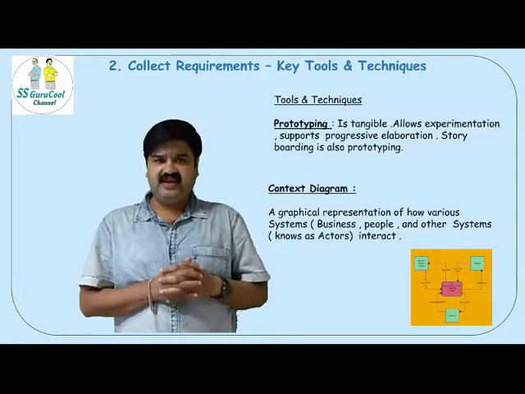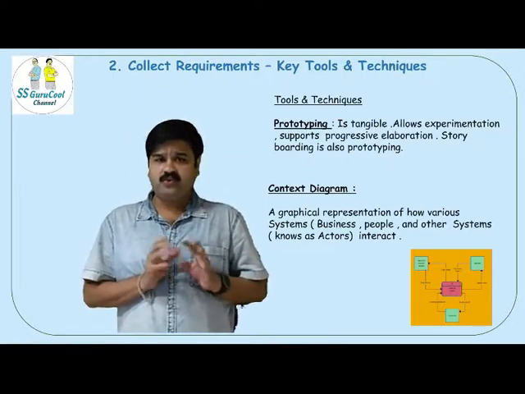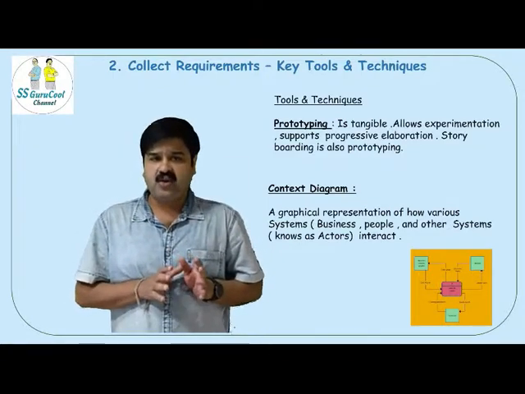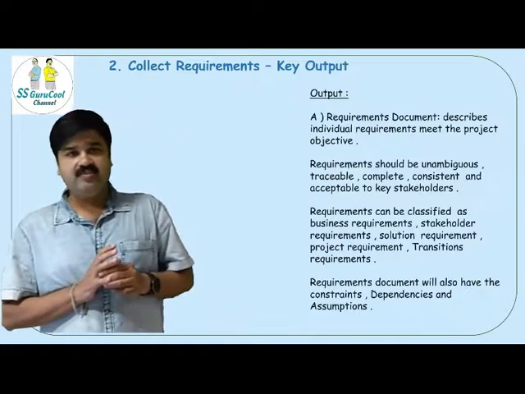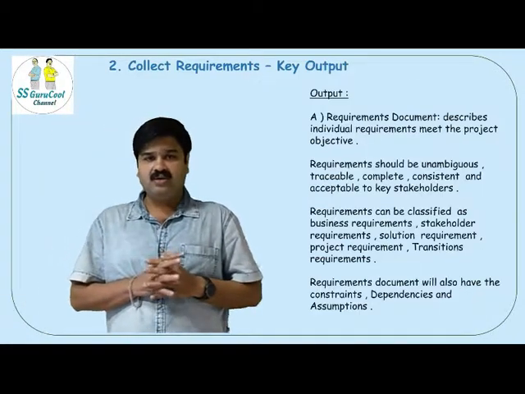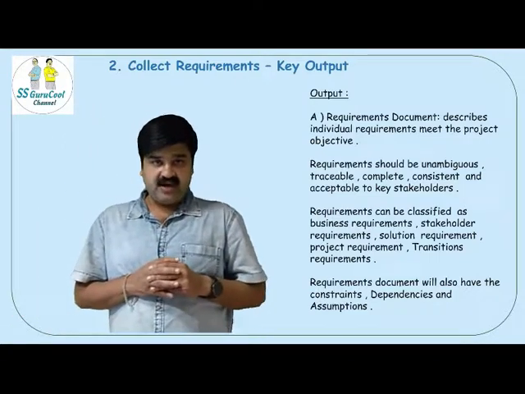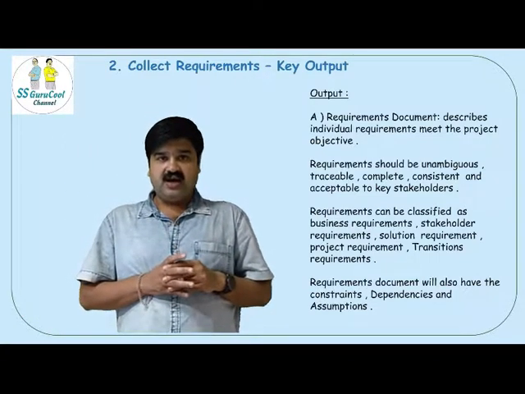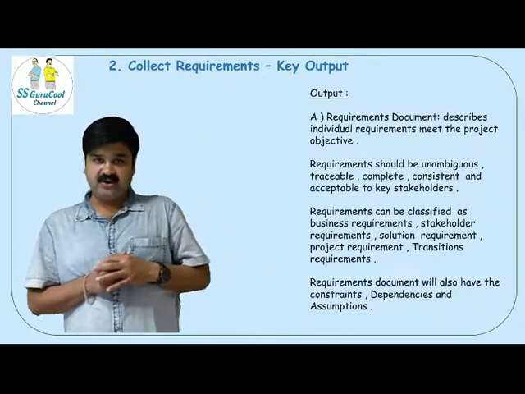Now that we have seen the key tools and techniques, we will also look at some of the key outputs. Now, the number one key output of collect requirements is the requirement document. Requirement document talks about the individual requirements and the project objective. The requirements should be unambiguous, traceable, and acceptable to the key stakeholders.